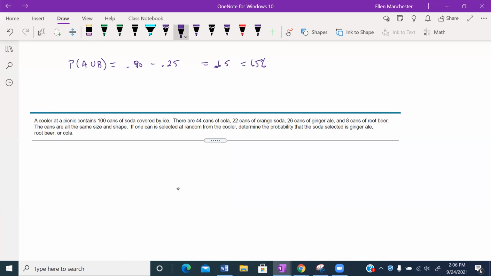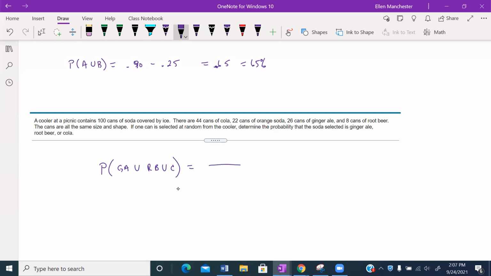Probability of a simple event because we're only picking one. So one can is selected at random. Determine the probability that it's ginger ale, root beer, or Coke. All right, so we want the probability of ginger ale or root beer or Coke. Okay, just putting it in symbols.